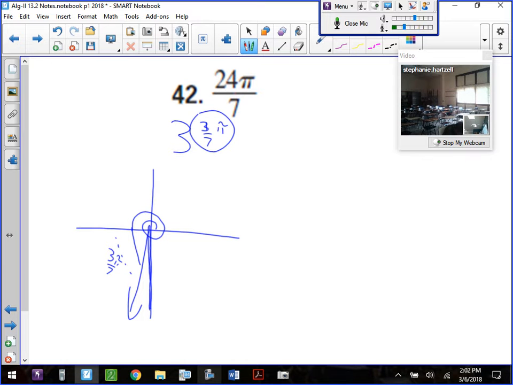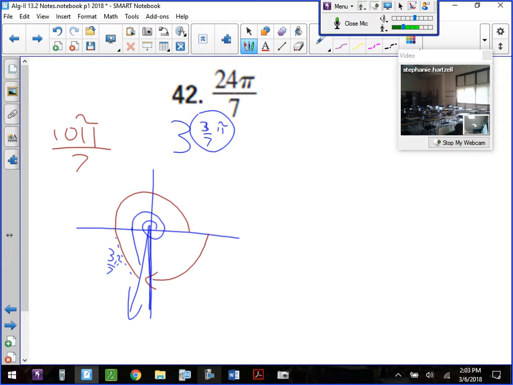So to get a positive coterminal angle, I just have to go 1 pi and 3/7. So 1 and 3/7 would be 10 pi over 7. To go negative, I'm moving the other direction.